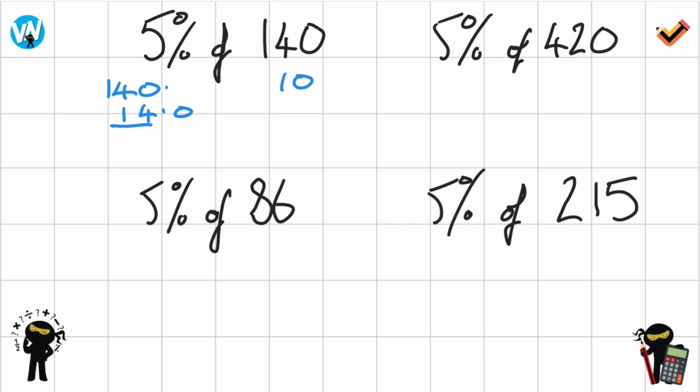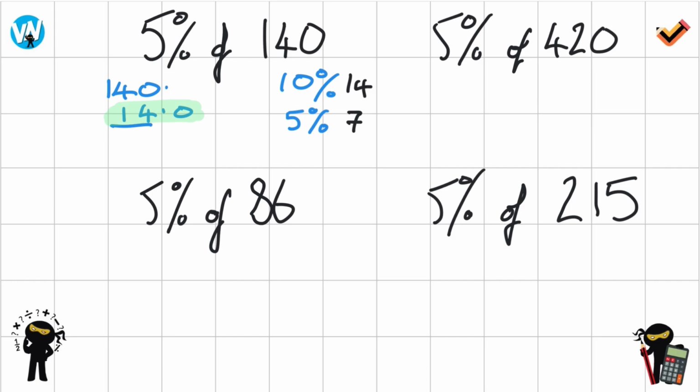And then if we've got 10%, then 5% is half of 10%, isn't it? Okay. So all that we're going to do is once we've found 10%, we're just going to half it. And that will give us 5%. So 10% is 14. So 5% must be 7. It's just half. So that's a really easy thing to be able to do.